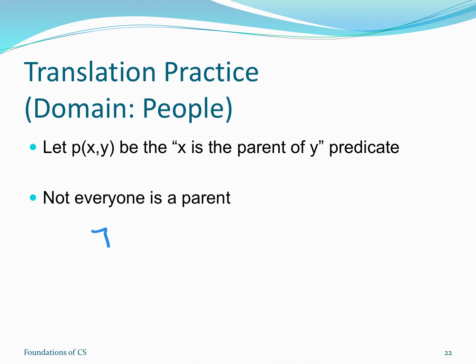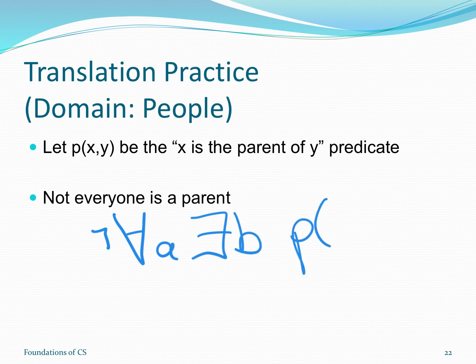We could say it's not the case that for all A's, there exists a B such that parent A, comma, B.